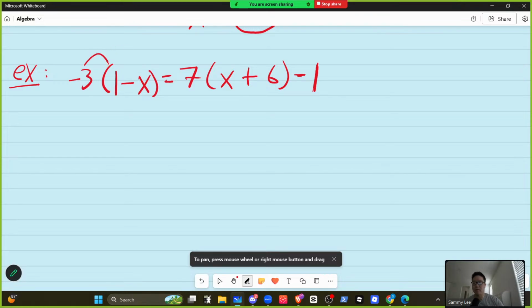Again, we can simplify both sides. We're going to distribute the negative 3 across the 1 minus x, and distribute 7 across x plus 6.